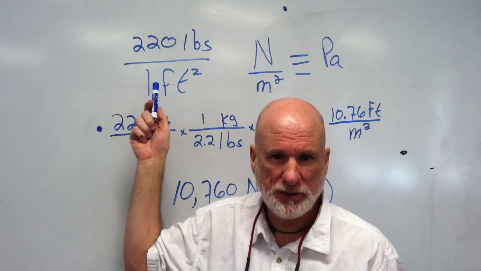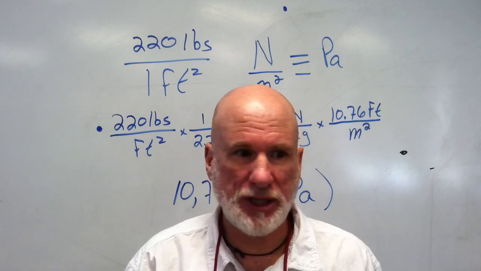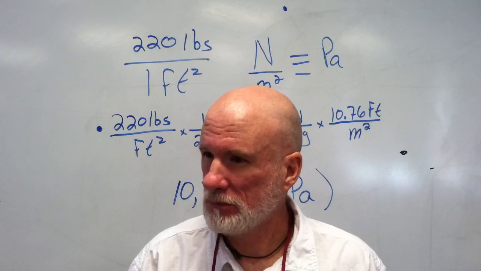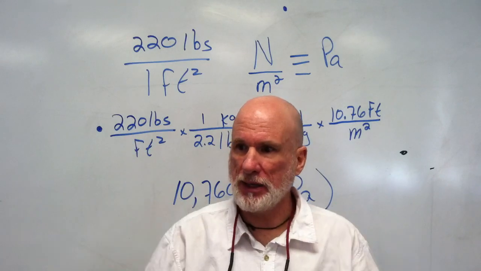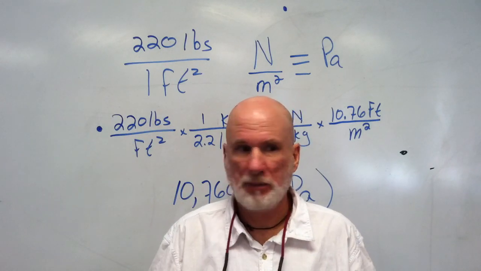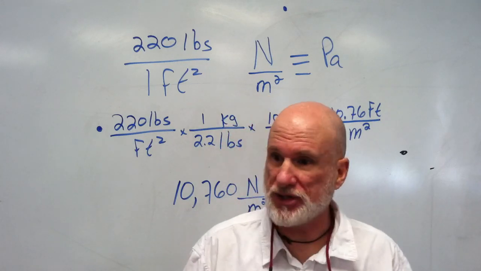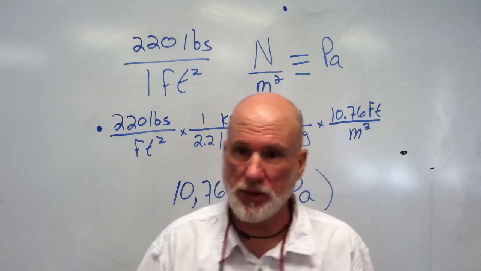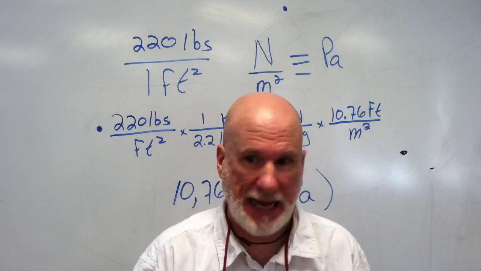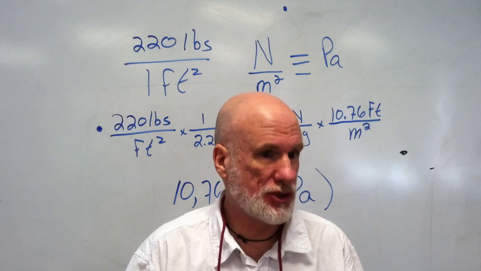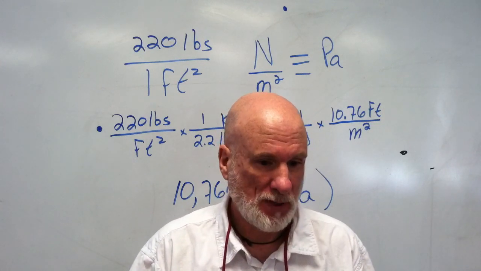But we don't use pounds per square foot. What do we use? We use newtons per square meter. Force is newtons, area is meters squared. Because we use newtons, we use meters, we use kilograms, we use seconds. Nowhere in there do we use pounds. Correct? But since this is the United States, we sometimes use pounds. Okay? All right.